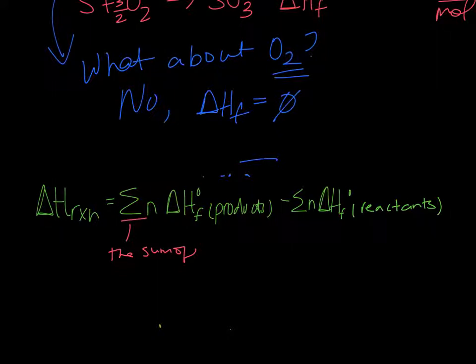So we add up together all the delta H of formation for the products, multiplied by their coefficients, how many moles they have, minus the sum of all the delta H formations of the reactants times their coefficients.